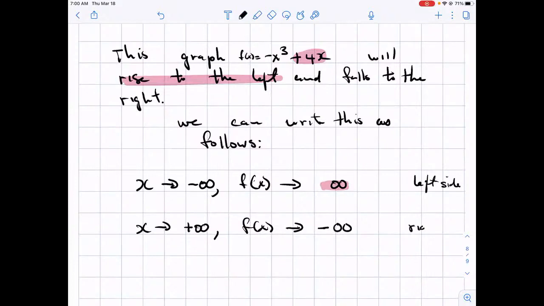This is the right side. I want to make sure we get that correct. So it falls to the right, goes to minus infinity. So you can really tell a lot by looking at the graph. You can tell a lot just by looking at the equation.